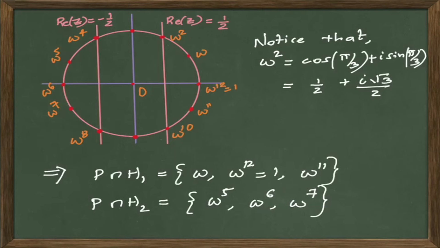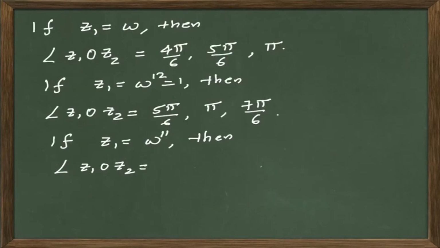If Z2 is equal to omega to the power 6, then the angle is 7 pi by 6, whereas if Z2 is equal to omega to the power 7, then the angle will be 8 pi by 6. So possible values of Z1 O Z2 are pi, 7 pi by 6, or 8 pi by 6.